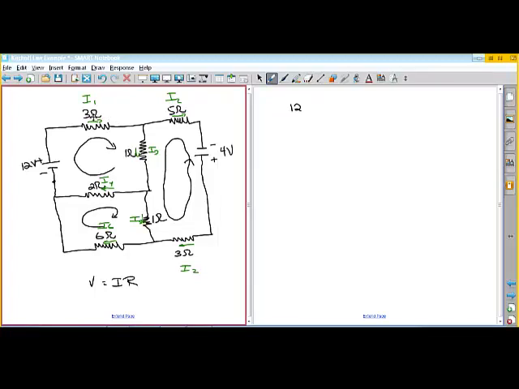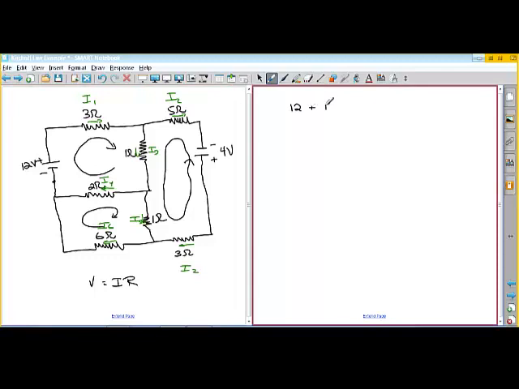So if you're going in the same direction as the current, then you have the voltage drop. If your loop goes the opposite direction, then you have a voltage rise. So this is going to be a voltage drop. So the voltage is equal to the current times the resistance. And I'm not going to put the units in because it gets too complicated. Okay, so that's that. Loop around here.